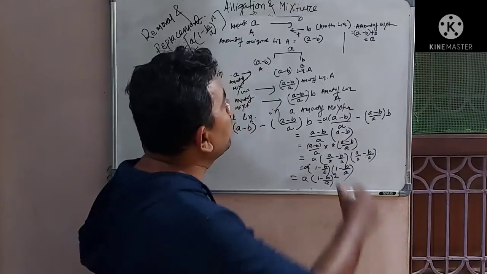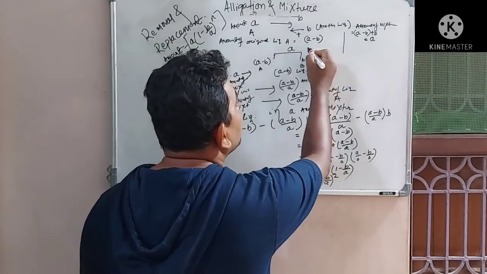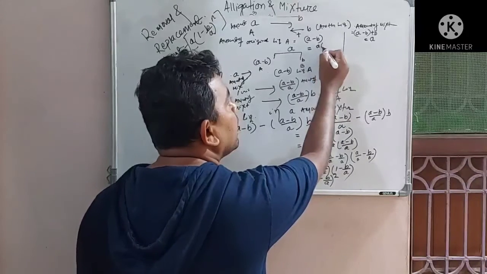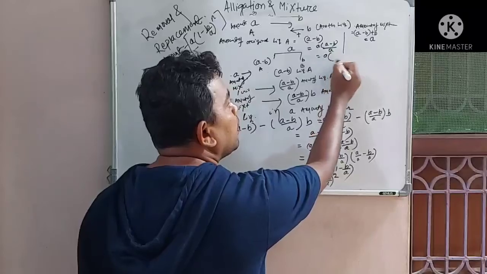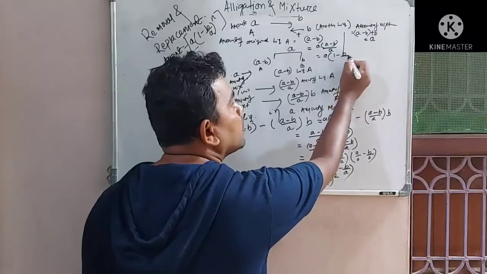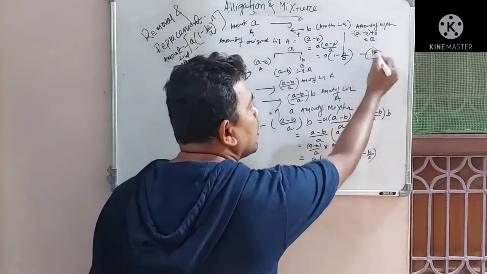So the first term can also be written as A into A minus B by A, which is equal to A into 1 minus B by A.